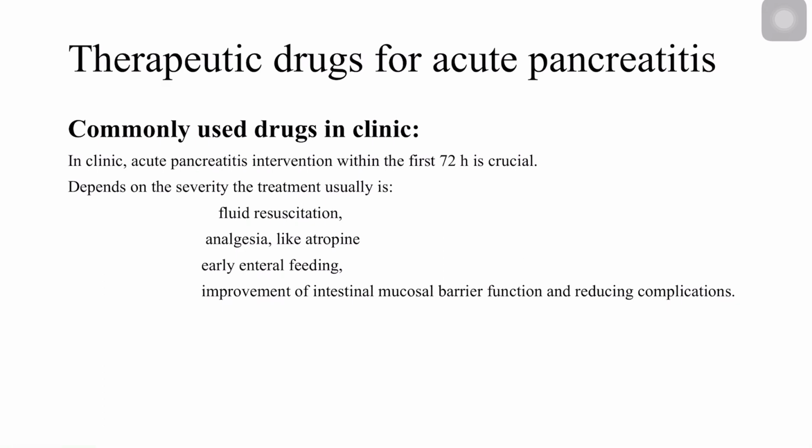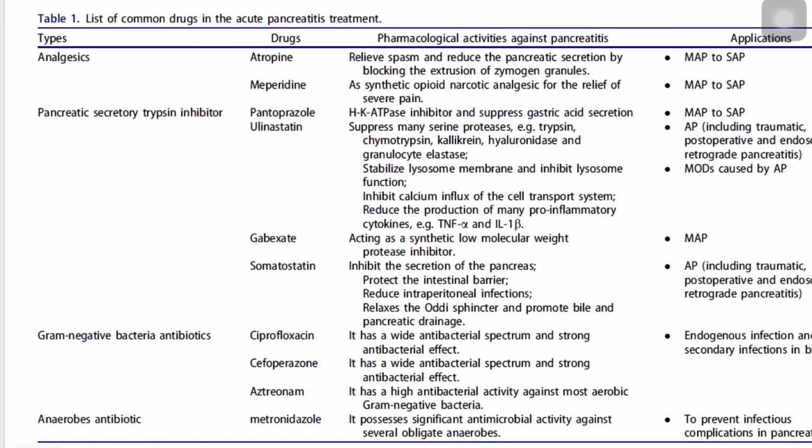Commonly used drugs in the clinic for acute pancreatitis within the first 24 hours. Usually, depending on the severity of the acute pancreatitis, we use fluid resuscitation and analgesia, enteral feeding, for example with the tube, improvement of the intestinal mucosal barrier function, and reducing complications.